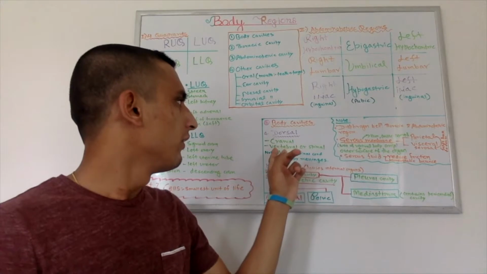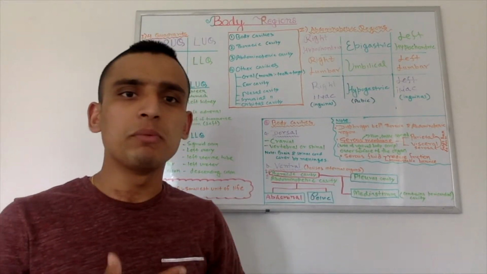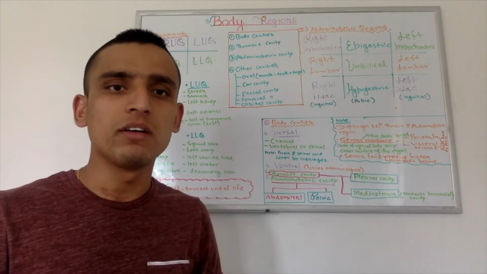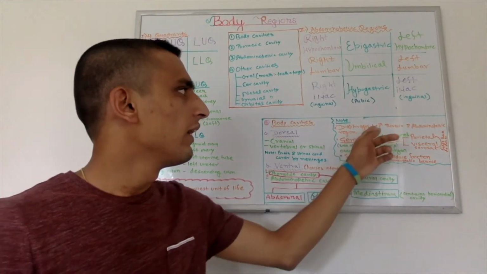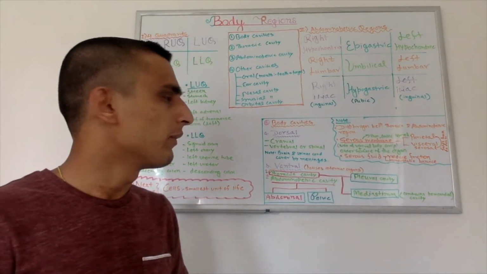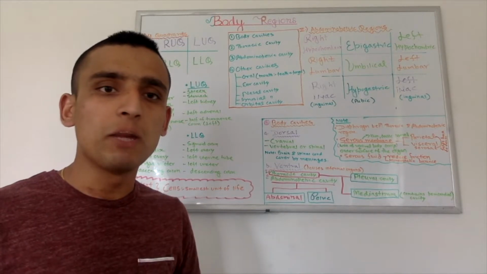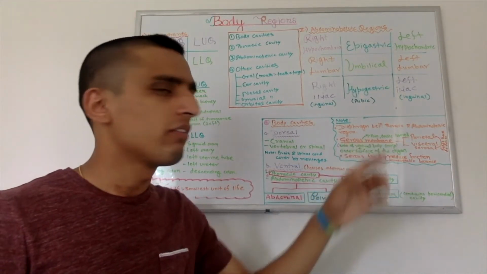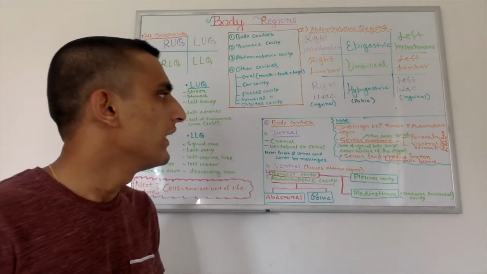Remember, in the ventral cavity, the thoracic cavity and the abdominal cavity are separated from each other by a dome-shaped structure called the diaphragm. And remember, the ventral body cavity is covered by a membrane called the serous membrane, which is thin and double layered.